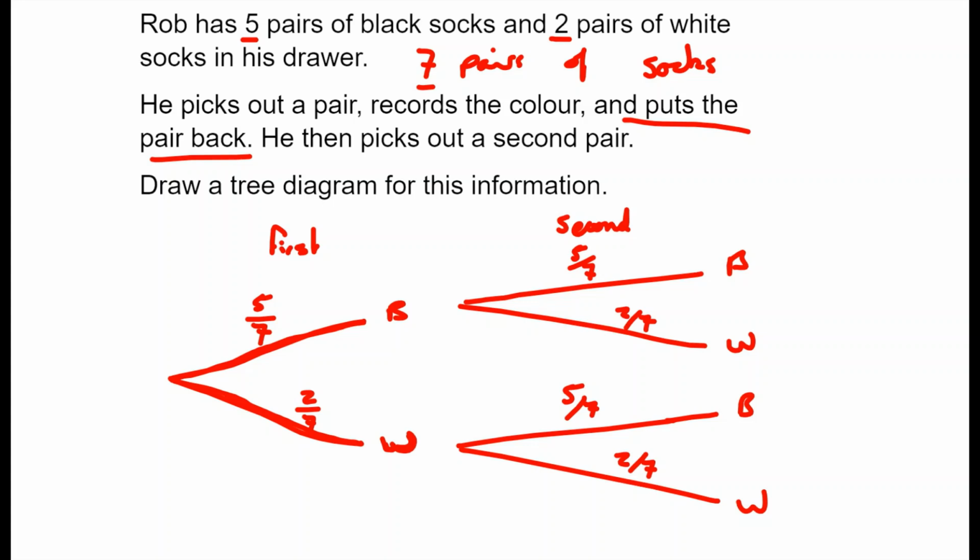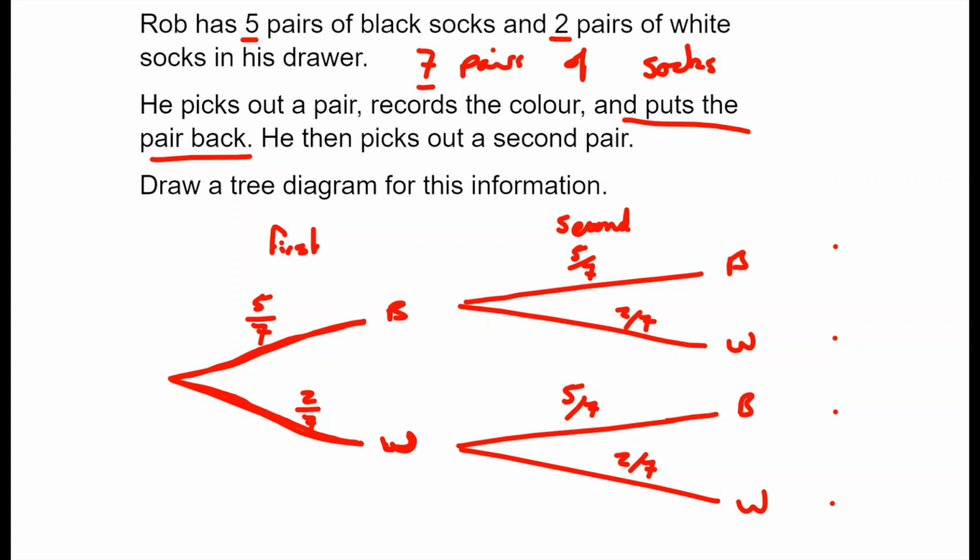Now, with tree diagrams, what I like to do is write the probability of each branch at the end. As we go through the branches of a tree diagram, we multiply.